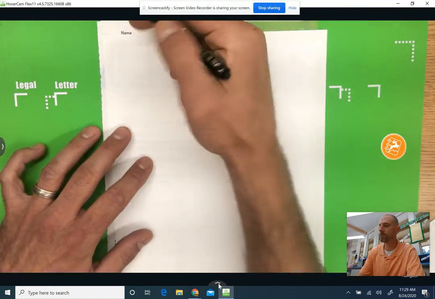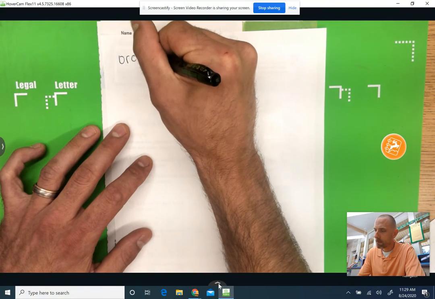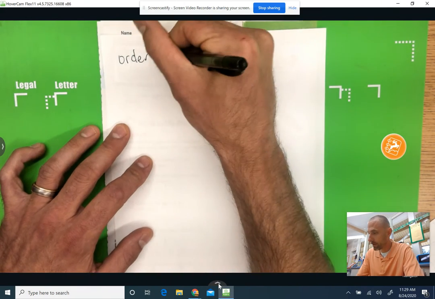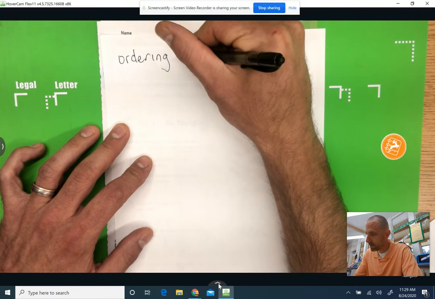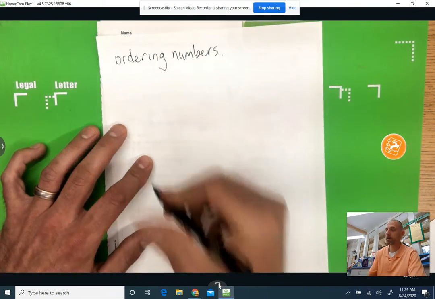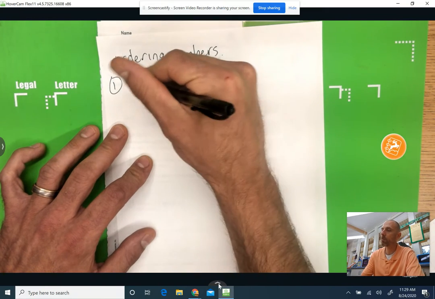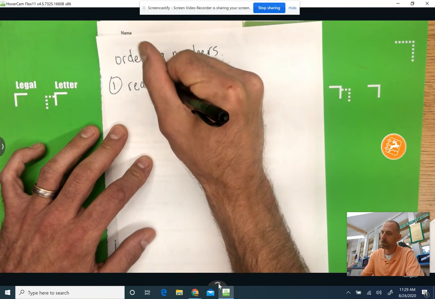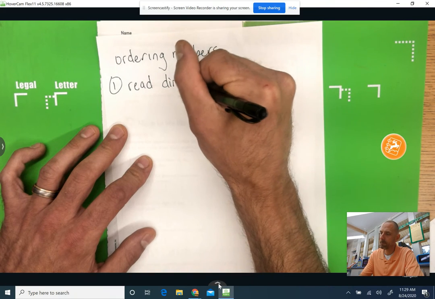So when you are ordering numbers, okay, first direction: what you're going to do first is read the directions.